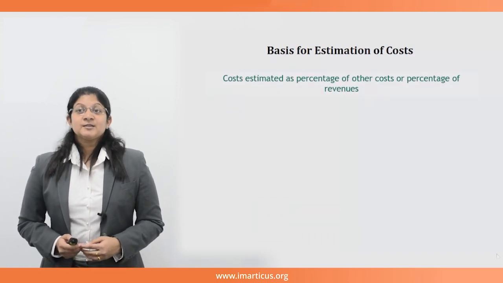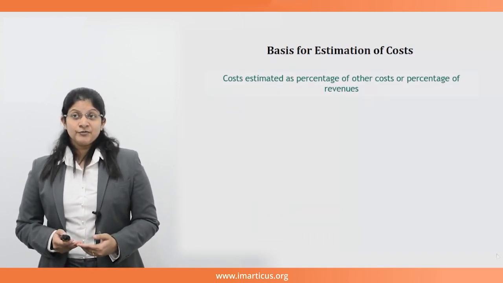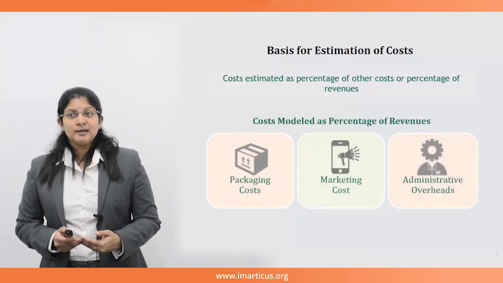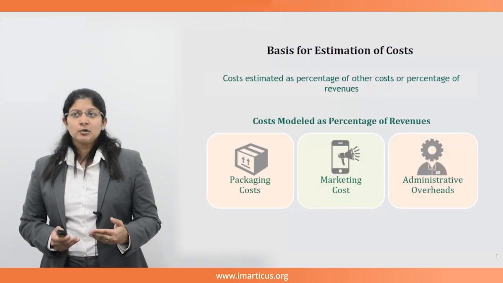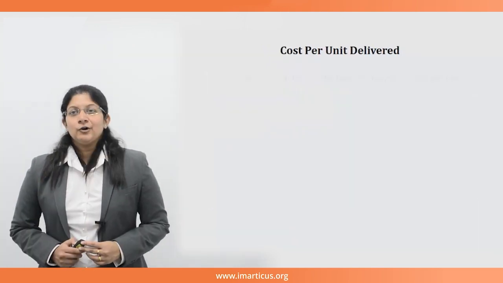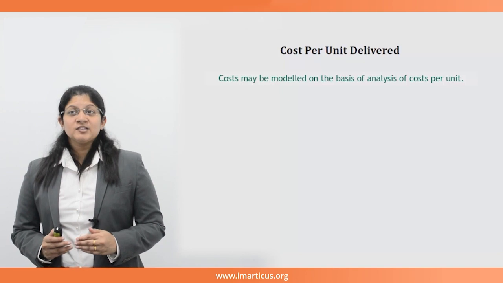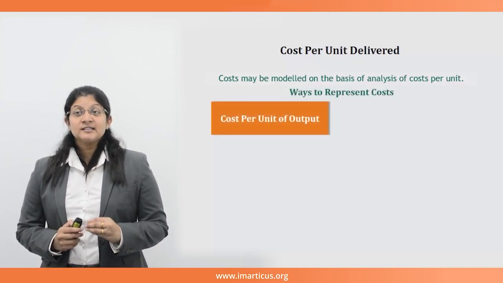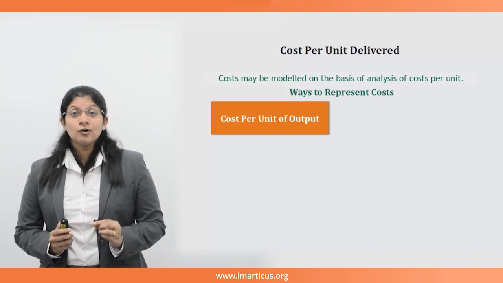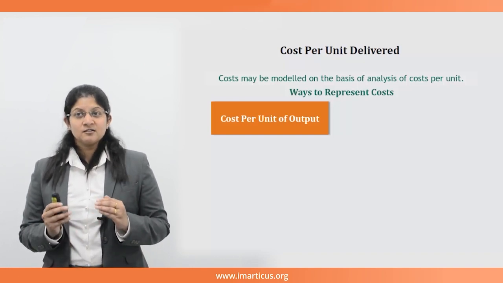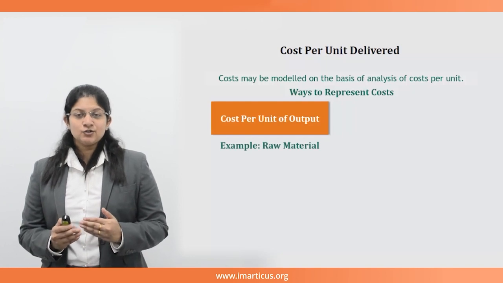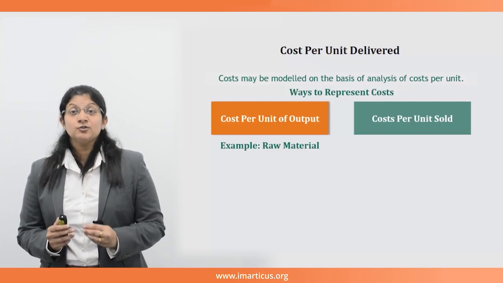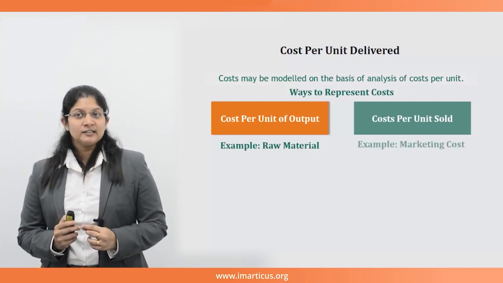Costs may be estimated as a percentage of other costs or a percentage of revenues. Other overheads such as packaging costs, marketing costs, and admin overheads are usually simply modeled as a percentage of revenues. Often, costs may be simply modeled on the basis of analysis of costs per unit. It is important to remember here that some items of cost would be represented as cost per unit of output, that is, cost per unit of production, such as raw material cost, whereas some costs may be represented as costs per unit sold, such as marketing cost.